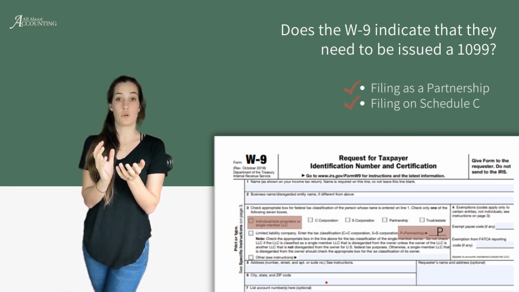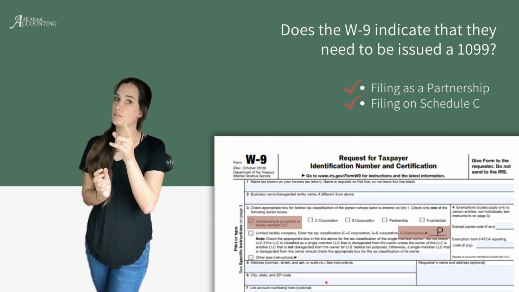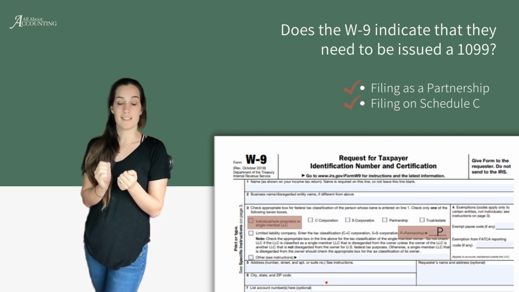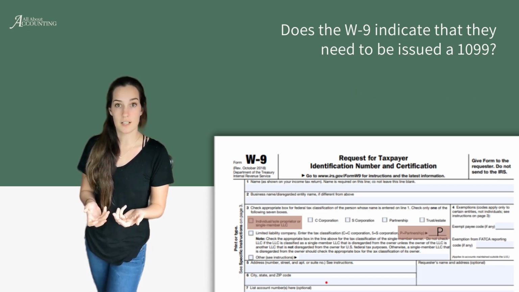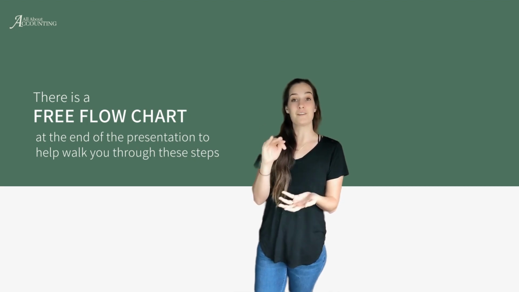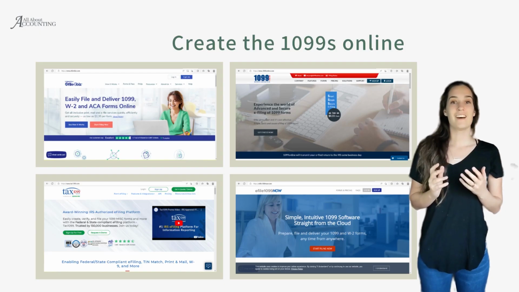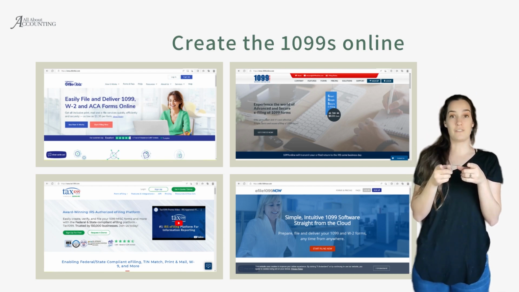Now that we're still shortening the list here, of that list, does their W-9 that you've already collected indicate that they need to be issued a 1099? If the answer is yes, then now you're left with a list of vendors that you need to issue a 1099 for.